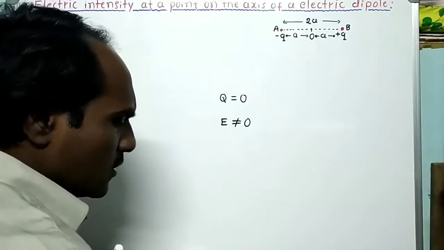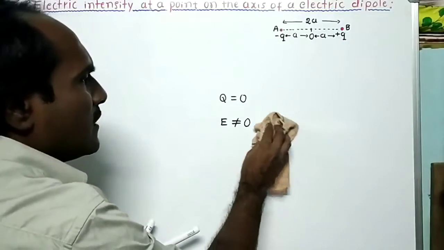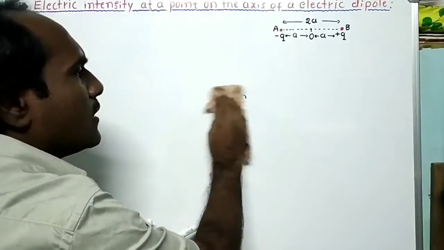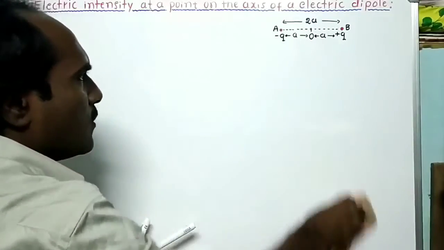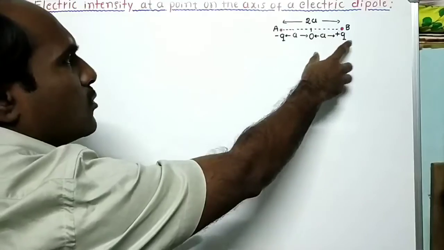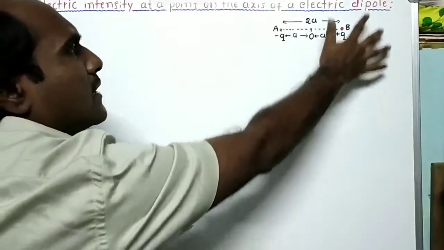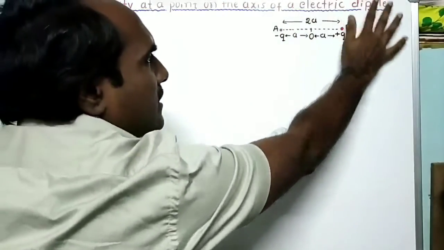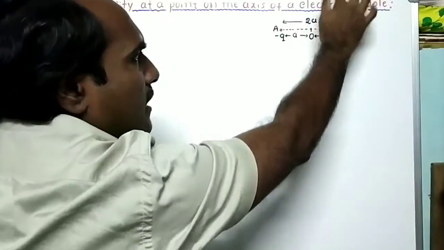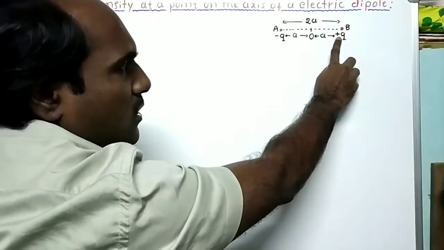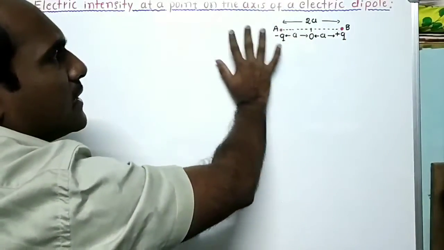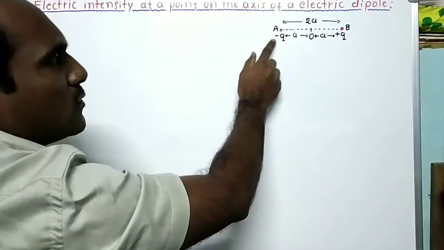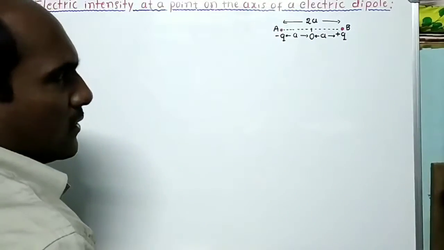My dear students, since the electric field of the electric dipole is not equal to 0, that means what? This electric dipole has an electric field around it. In this region, positive electric field is there due to the presence of positive charge. In this region, negative electric field is there due to the presence of negative charge.